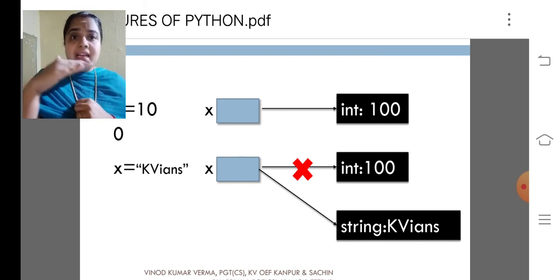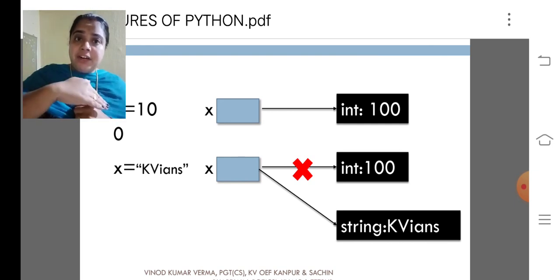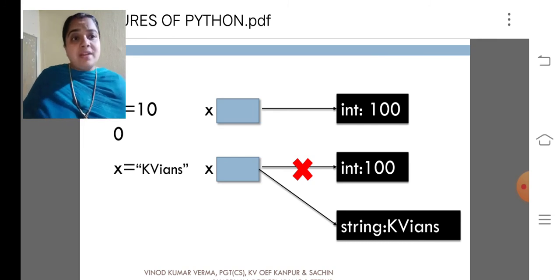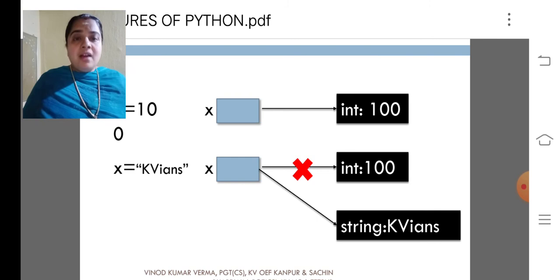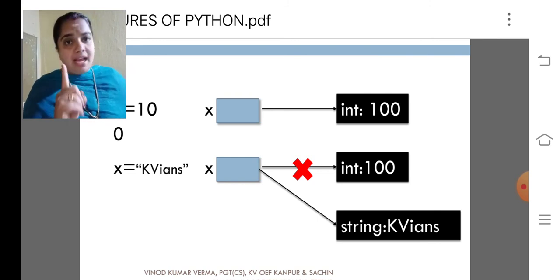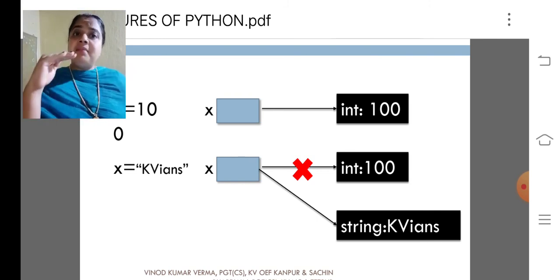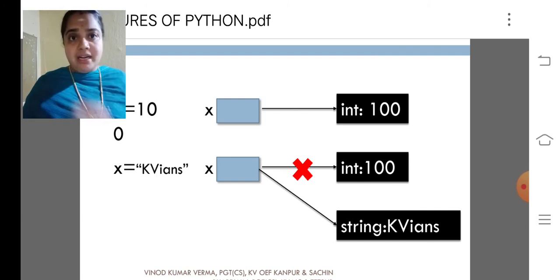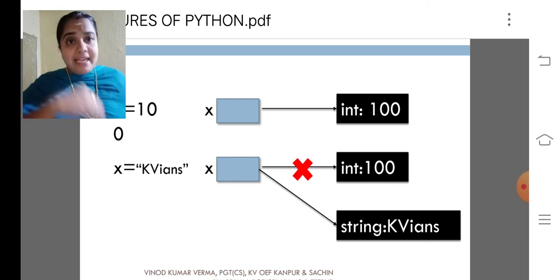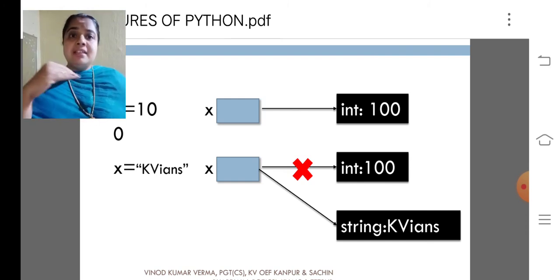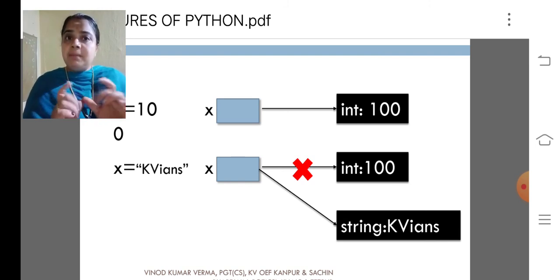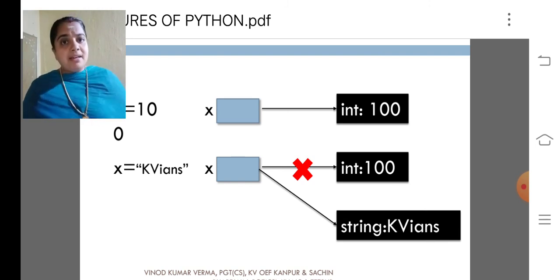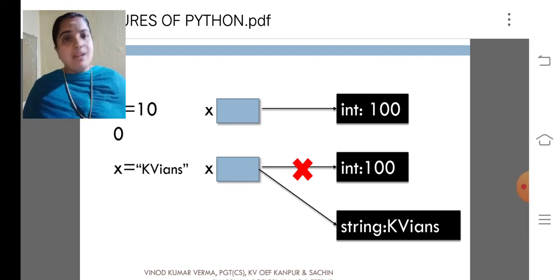The pointing memory address will be shifted to the next one, that is the string KVIANS. Once we assign a value to a variable, that variable points to that particular memory only, and if you change the value, it will point to the changed memory address. That is the process called dynamic typing.